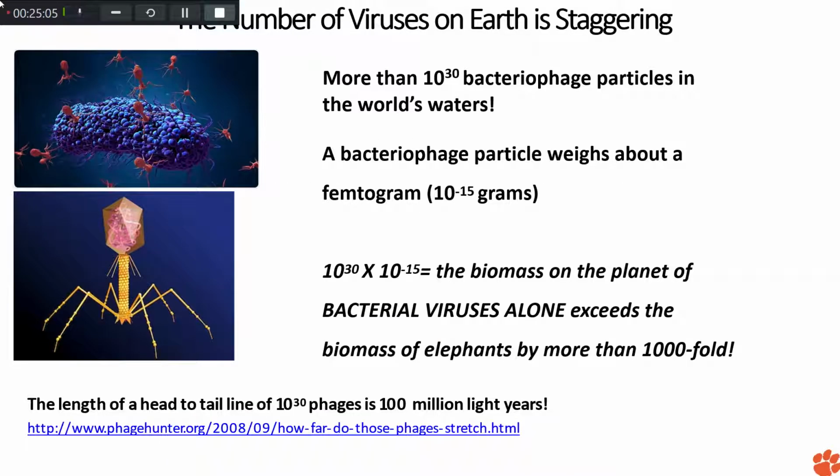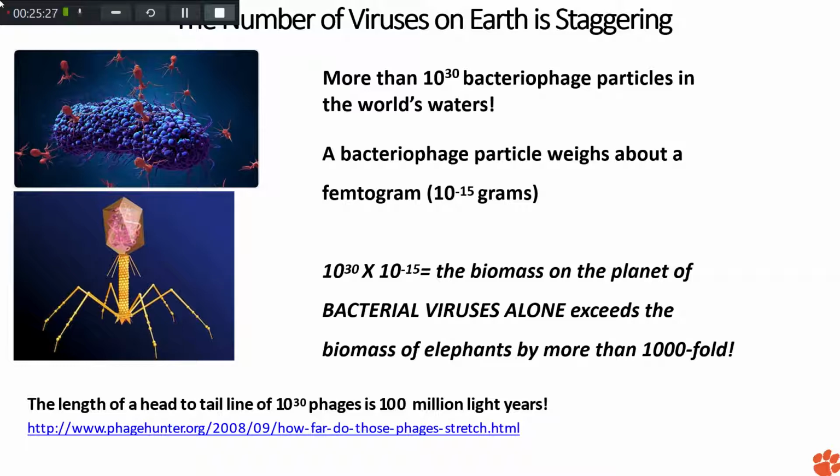All right, so here are some numbers and a very self-explanatory slide. I do not have to go into the detail of that. But think about that: 10 to the power 30, that number, I cannot just wrap my head around it. And it's about a femtogram, 10 to the power minus 15 grams. And the last line, see that.